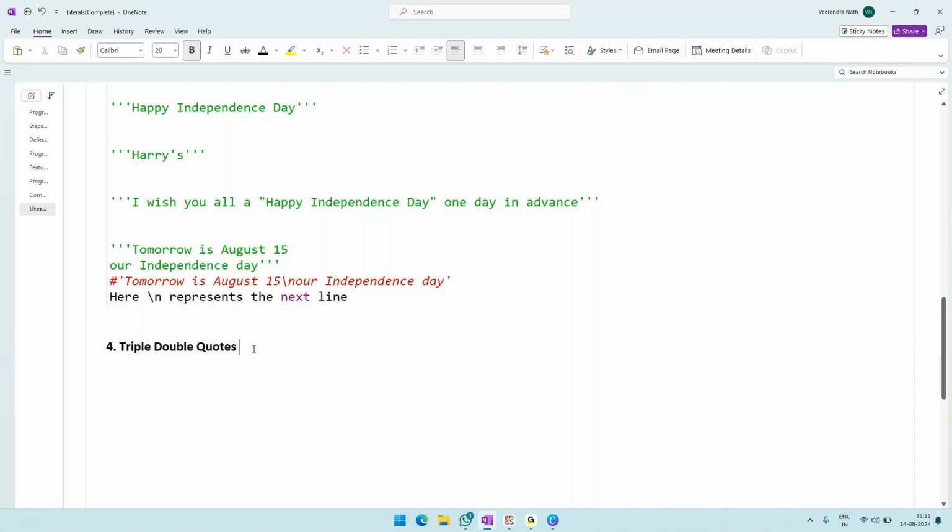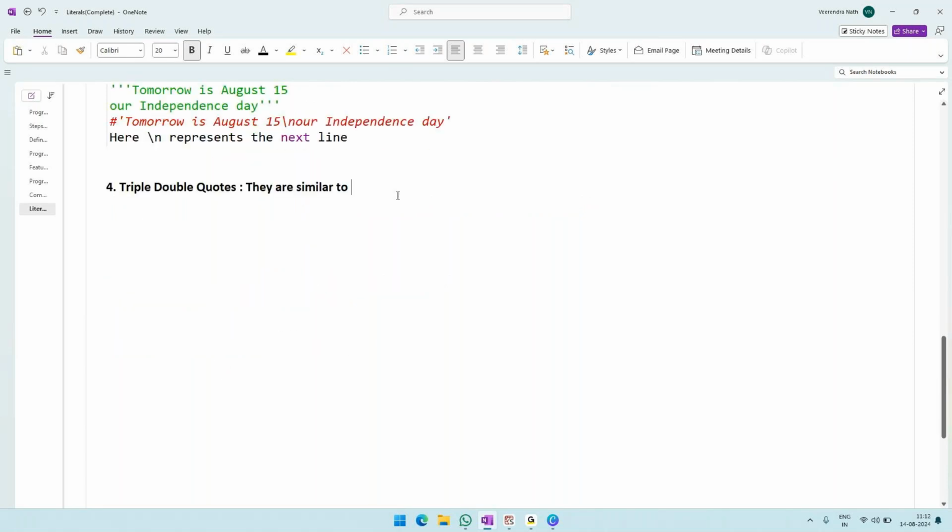Triple double quotes are similar to the triple single quotes, but they are not used for documentation. Okay, so that is the point here.